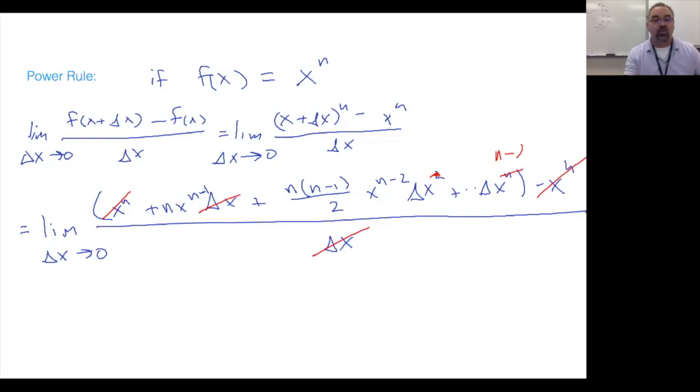So now I'm going to switch back to my blue here. What happens is we get the limit as delta x approaches 0. Well, I have n times x to the n minus 1 plus a bunch of terms that have a delta x in them.